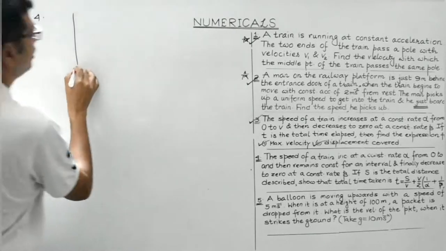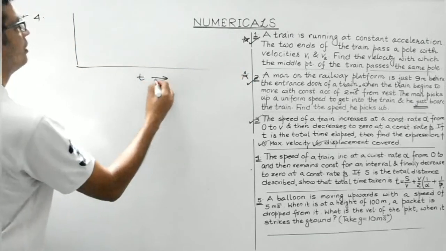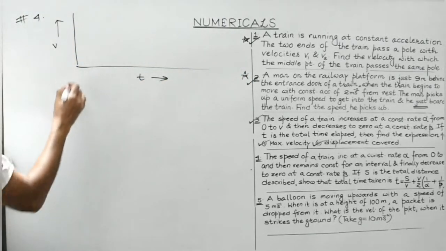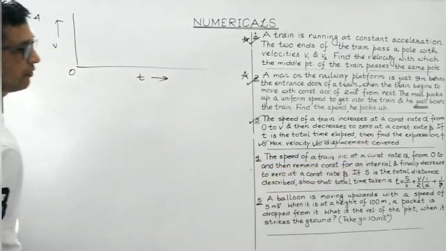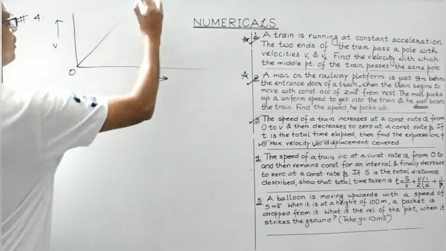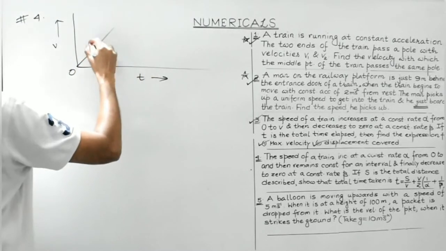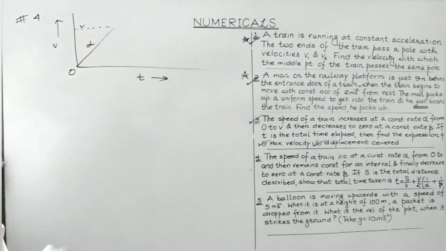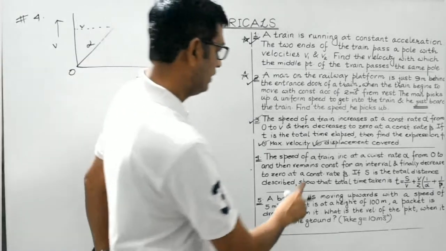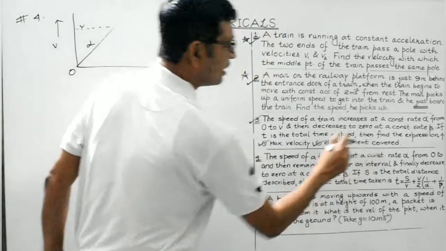So let us draw the situation, right? Velocity-time graph. The speed of a train increases at a constant rate alpha from 0 to v. Constant rate, so it should be a straight line. Rate is alpha. Suppose this is the final velocity required. Then it remains constant for an interval.